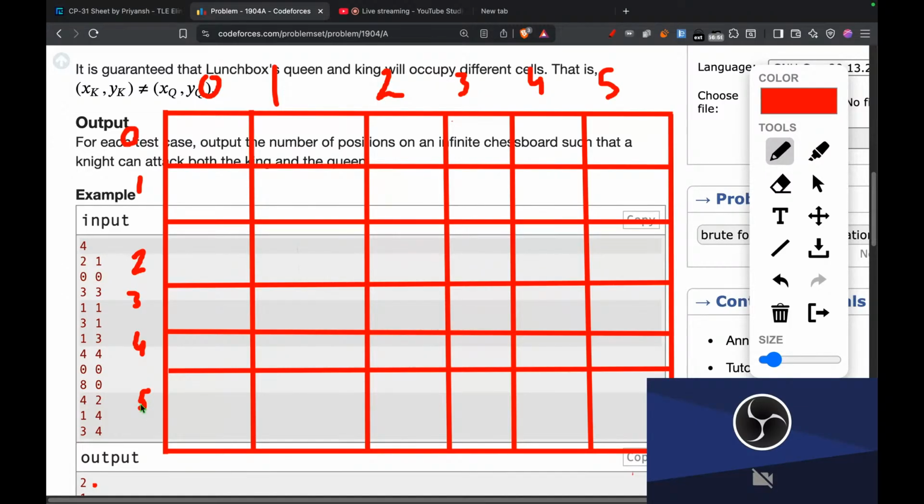So let's pick this case, and our king is at 3 comma 1. So here is our king, and our queen is at 1 comma 3. Here is our queen.